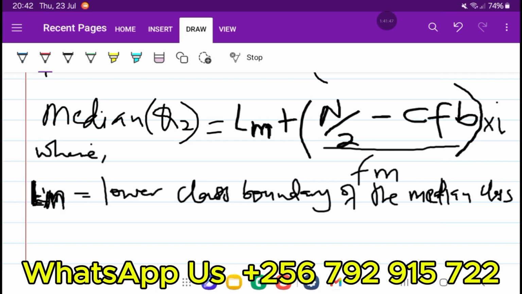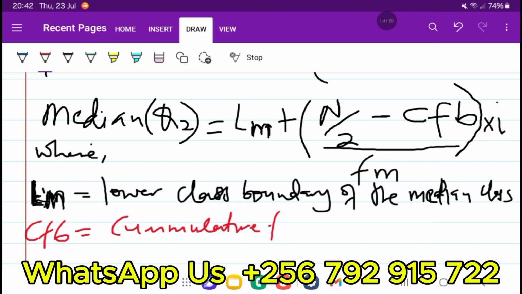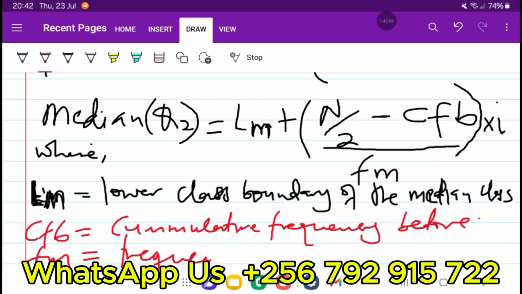Then n over 2, this n over 2 is what I have been explaining. Then the CFB represents the cumulative frequency before. Then Fm represents the frequency of the median class.